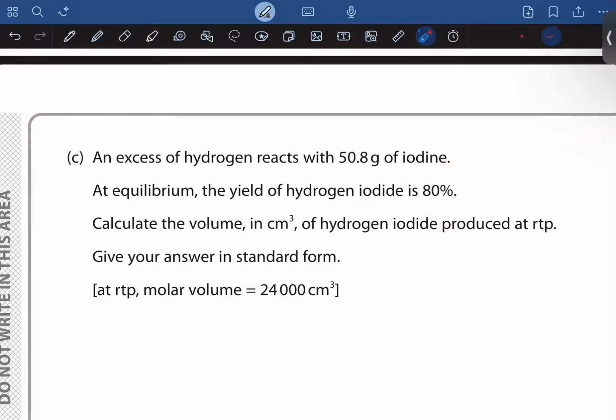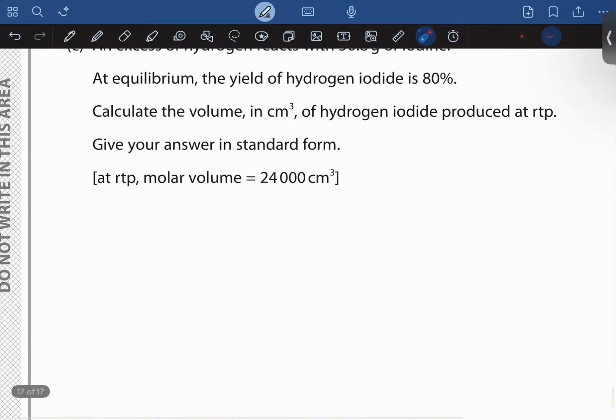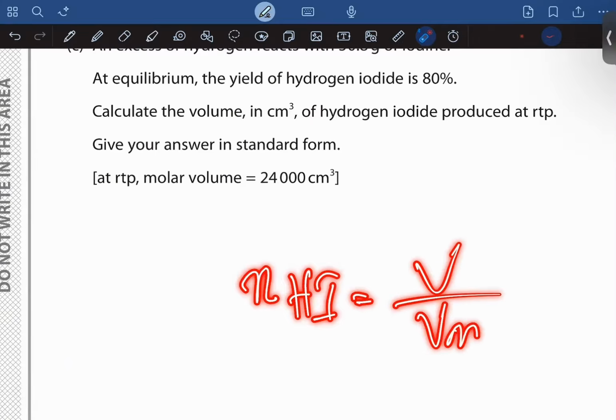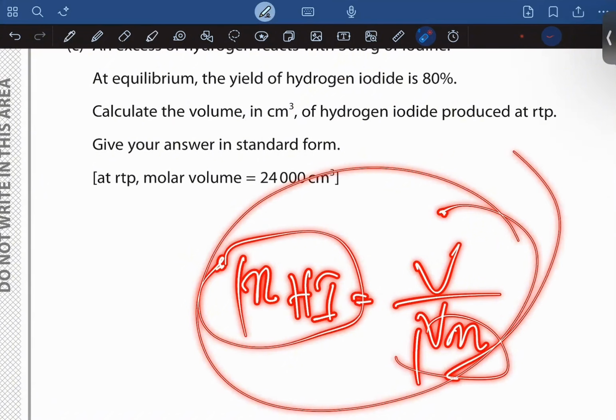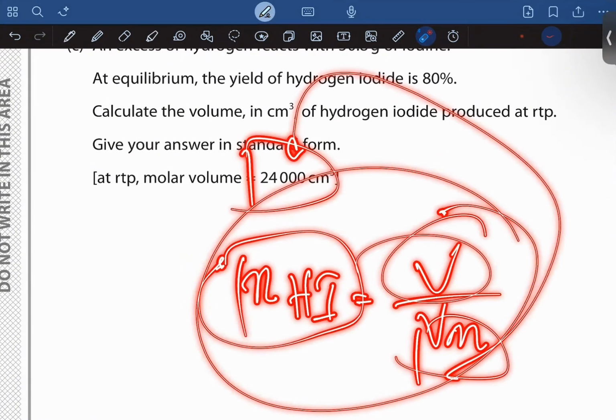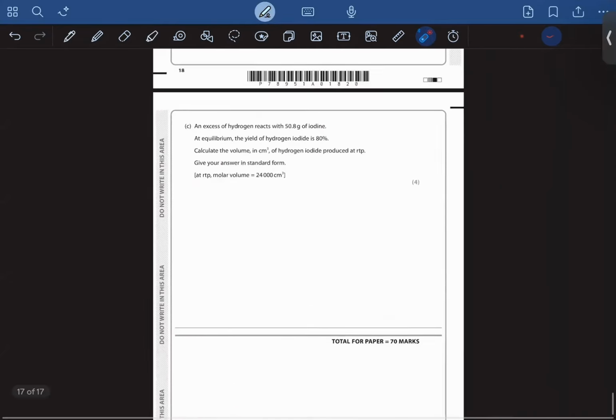Once you have the moles, the moles of HI is volume divided by molar volume, because that is a gaseous product. You have the moles, you have the molar volume, that is 24,000, so you could easily figure out the volume of that HI. That's just what I have done over here.